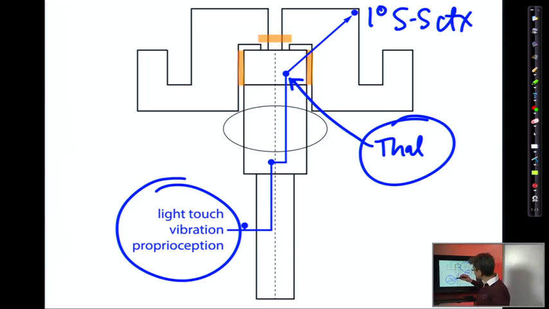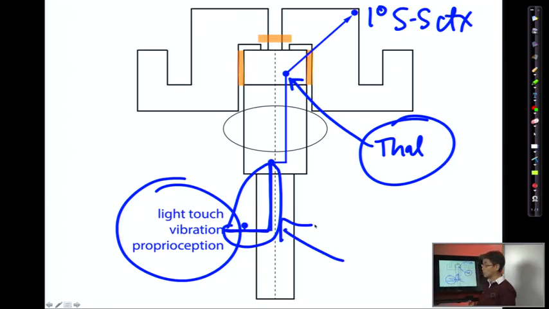The other thing to note is that this neuron right here that starts anywhere in the spinal cord and goes to a peripheral target also has a process, an axon, that goes all the way up to the medulla. So does this neuron, which is the longest neuron in the nervous system. It goes from your toe.